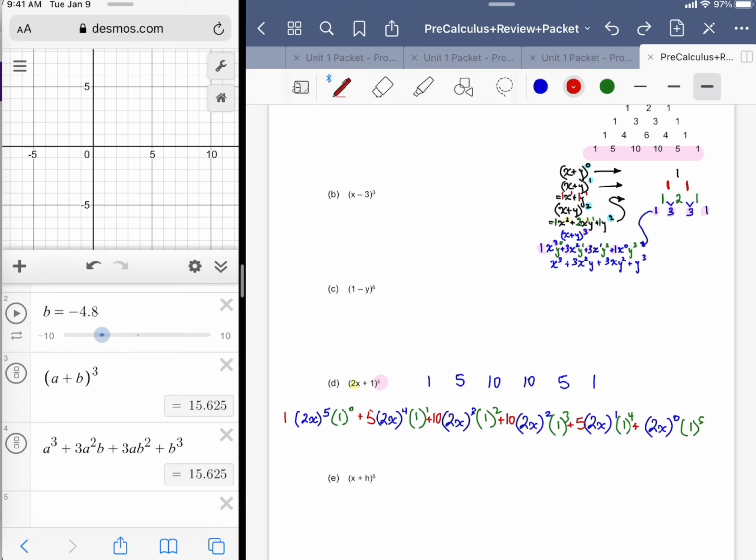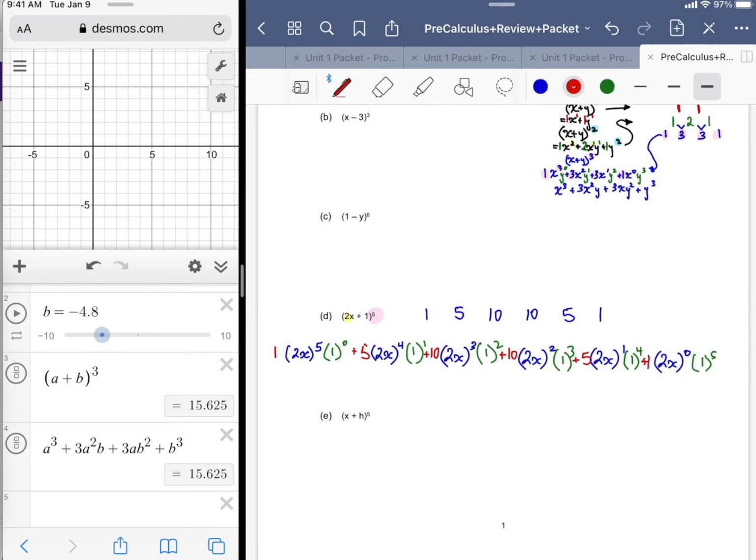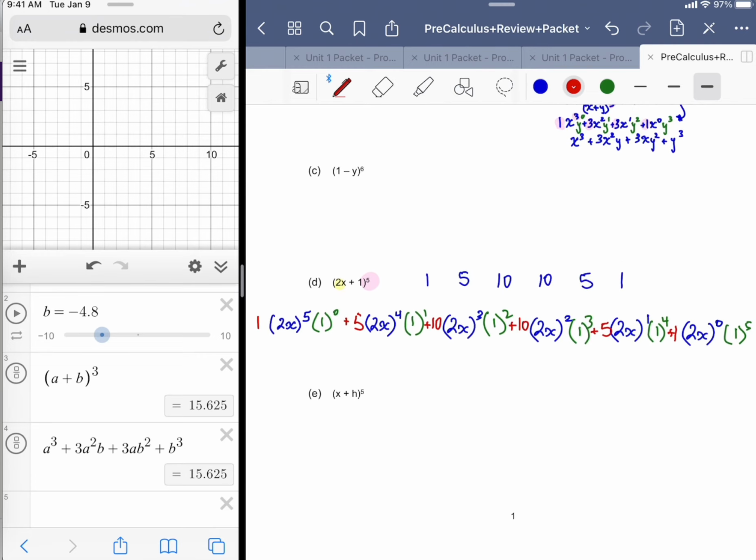Oops, poor quality 1. Let me scroll that up, best I can anyhow. It gets pretty messy, but now it's pretty easy to simplify, if you need to. 2 to the 5th power is 32, so 32x to the 5th. 2 to the 4th is 16 times 5 is 80. 2 to the 3rd is 8 times 10, we get another 80, x to the 3rd.